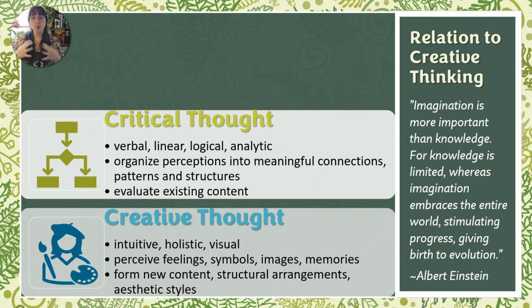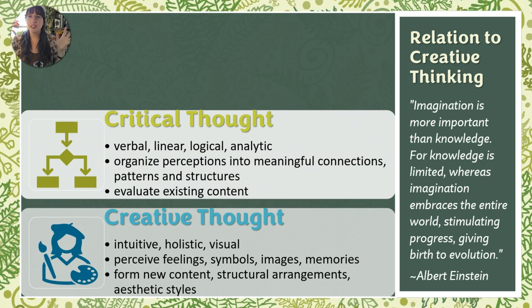If we look at critical thought as we know it best, it tends to be verbal. So expressing these things through clear language, linear, logical, analytic. Also thinking about the language of mathematics, for example.